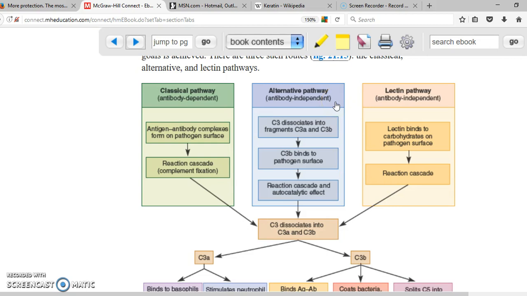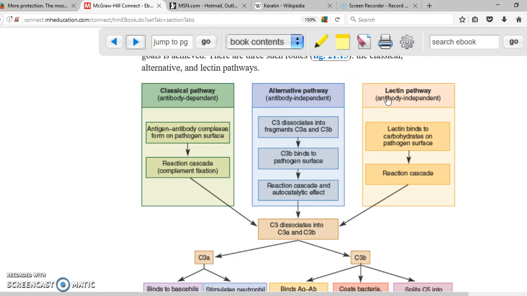Alternative pathway: basically the protein C3 is cleaved, broken into other proteins, and that's going to initiate the whole process. In the classical pathway, once the antibody attaches to the antigen, that initiates the whole process. And then the next one is lectin.